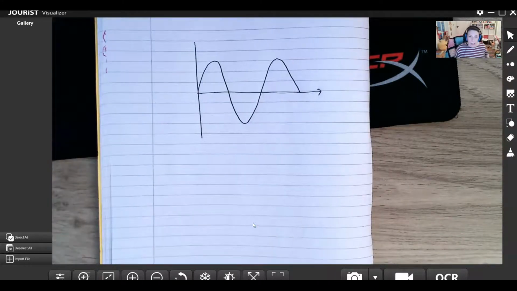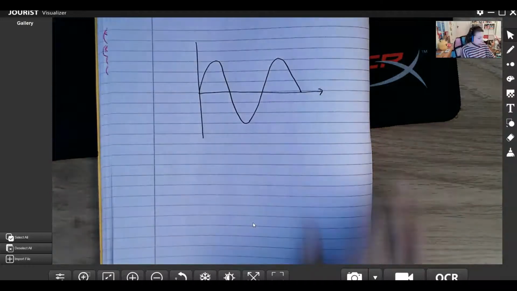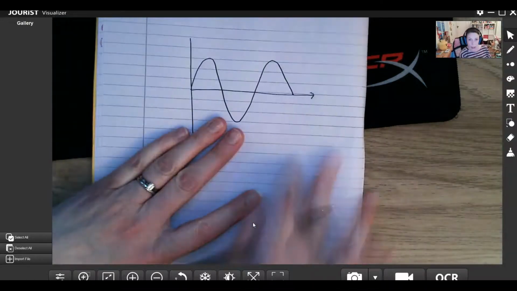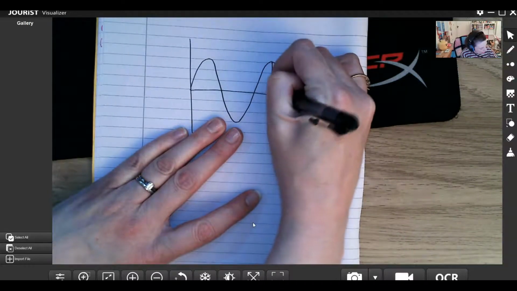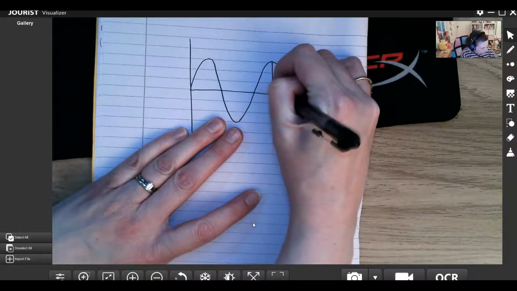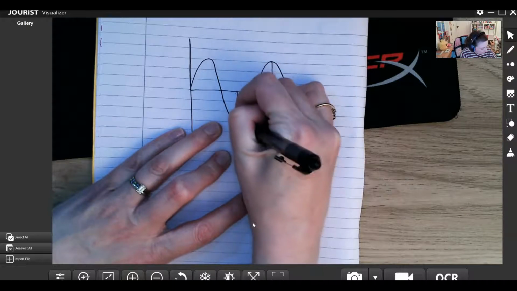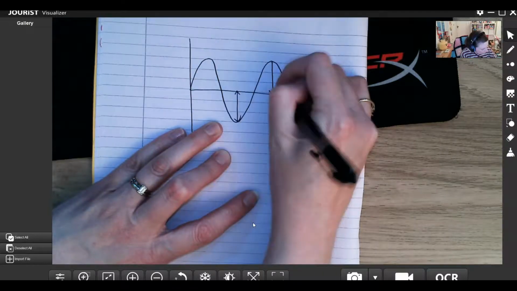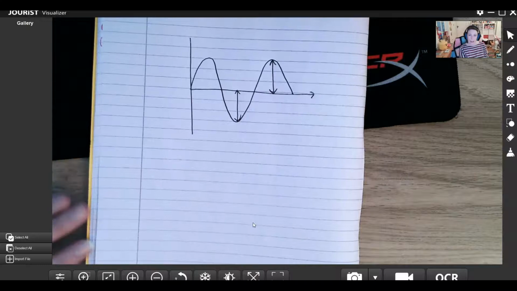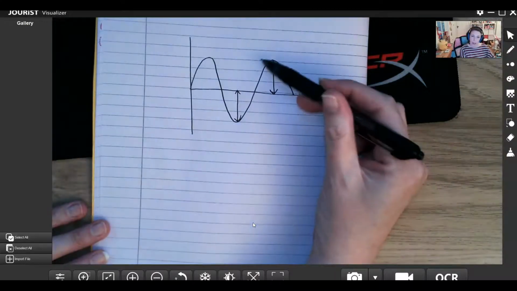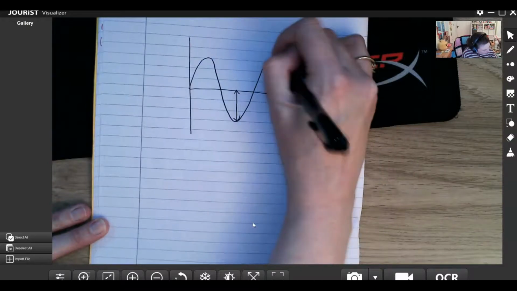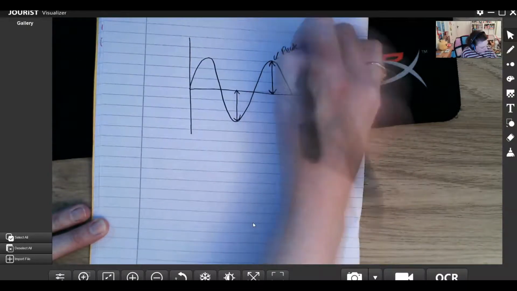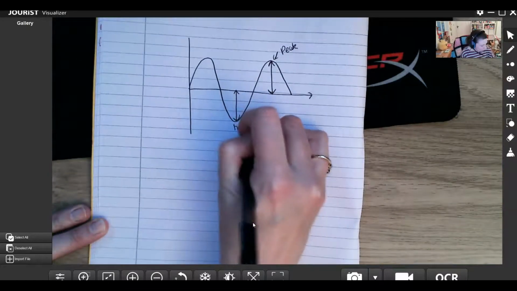The first thing that you might be asked to draw is the amplitude. The amplitude of the wave is from the bottom or the top of the wave to the middle. Lots of people draw it all the way, but it is either from the peak to the middle or the trough to the middle. This is called a peak and this is called a trough.